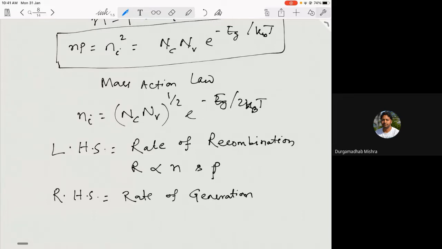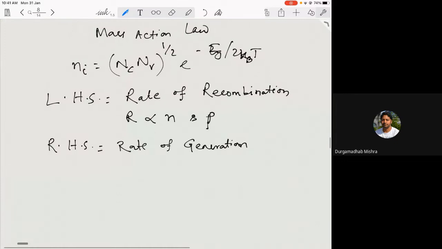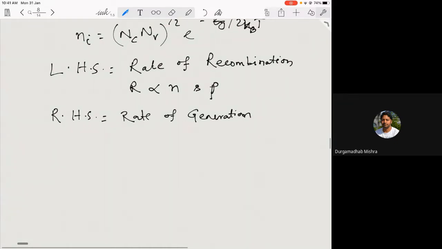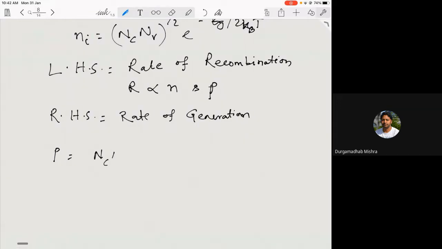So if you do a little bit of mathematics here, we have two expressions for p. One is what we got from this mass action law equation, which has minus Eg by 2kBT.